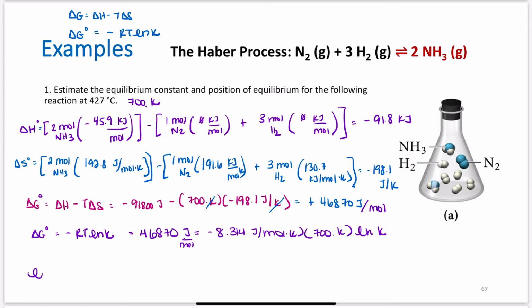Solve mathematically for this. You're going to find ln of K is equal to negative 8.05. e to the negative 8.05, to undo that log, gives me 3.18 times 10 to the minus 4th. This is equal to K. K is a lot less than 1. Therefore, this is reactant favored.